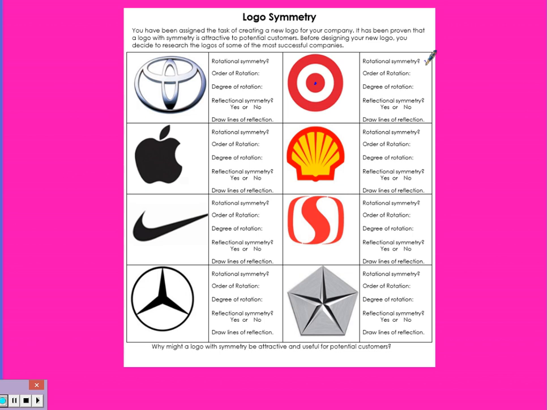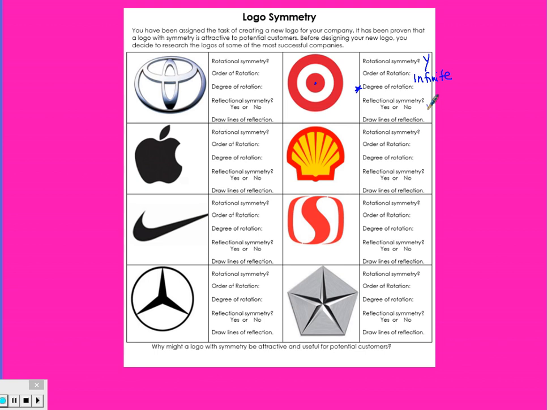All right, so does it have rotational symmetry? Yes, it does. What is the order of rotation? I would say infinite. Degree of rotation. Well, really, it could be any degree of rotation. I think when we're talking about degree, it's more like what is the central angle, and in this case, any angle will work, so I don't think that really applies here.